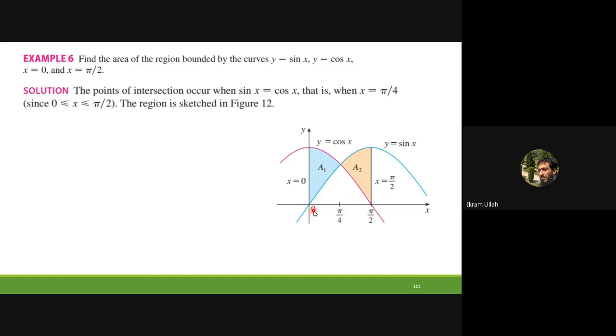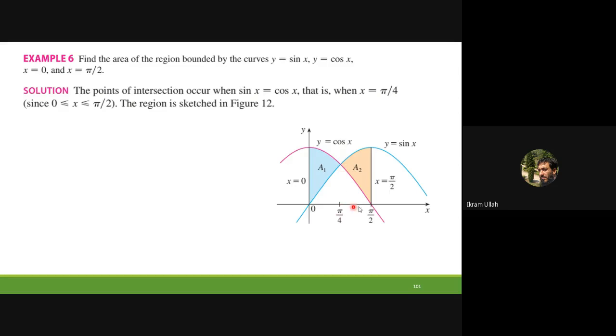In this region, from 0 to pi by 4, f of x is greater than or equal to g of x.